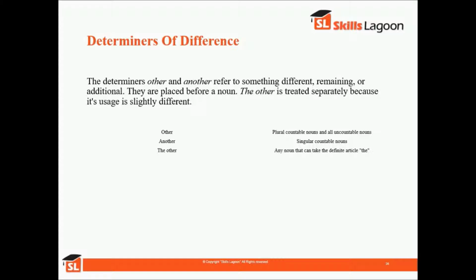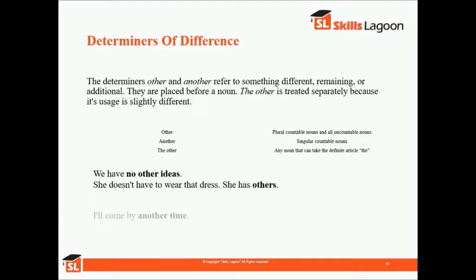Another is used for singular countable nouns. And the other is used for any noun that can take the definite article the. For example: we have no other ideas. She doesn't have to wear that dress, she has others. I'll come by another time. Jim ate 2 cookies, I ate the others.